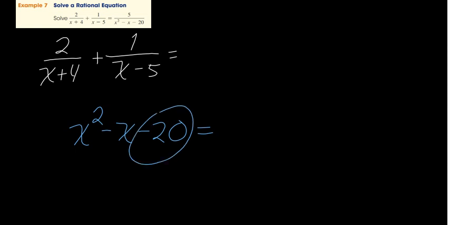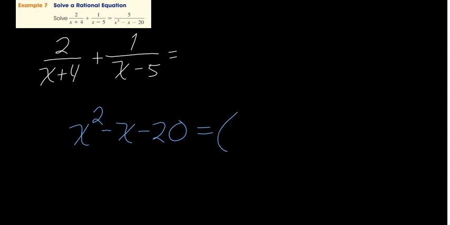In order to factor this, you have to ask yourself, we have negative 20 here, so what are the factors of negative 20 that will give me a negative 1, an implied negative 1 right there? My only factors of 20 are 5 and 4. When you add or subtract them together, what will give you a negative 1? That's pretty easy.